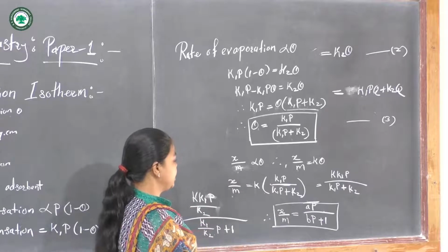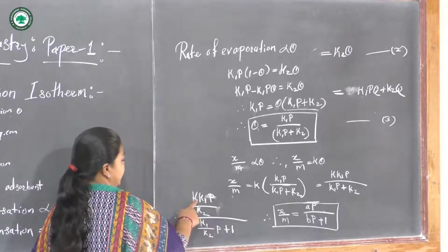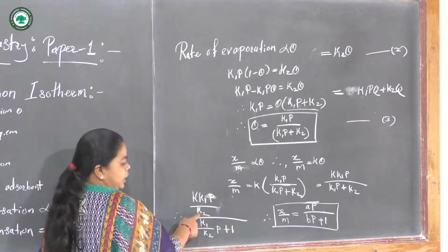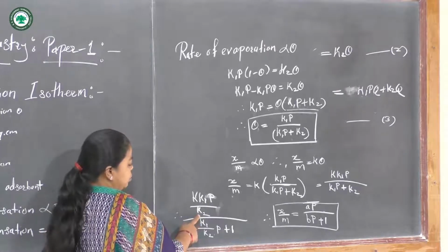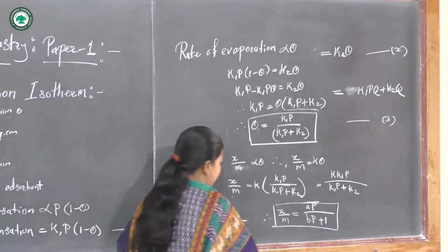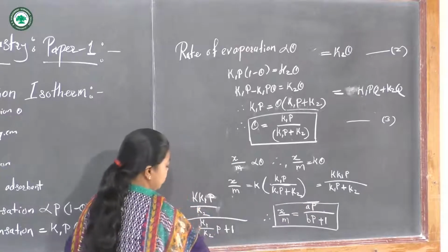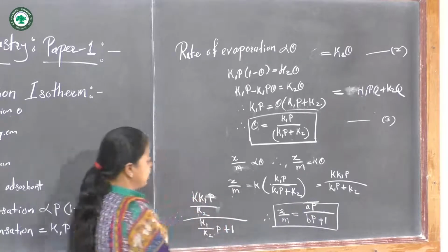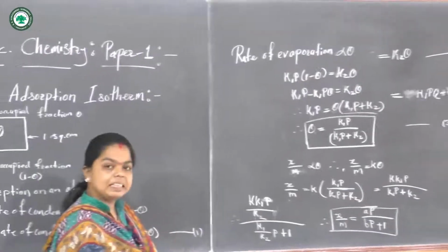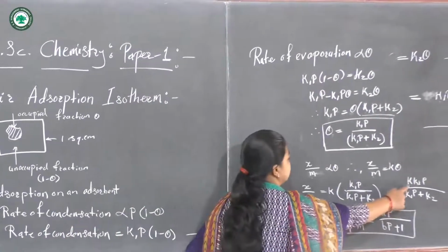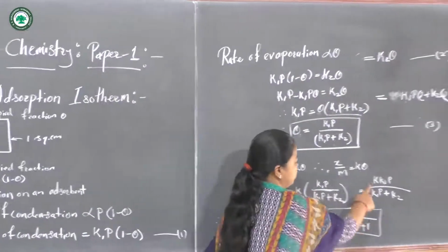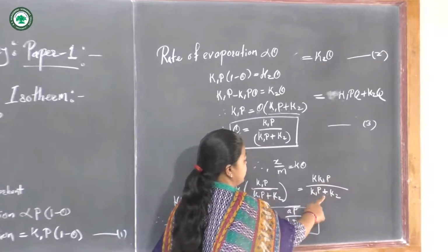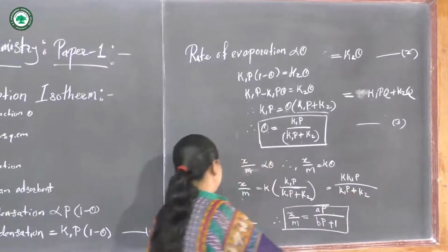We can write K K1P divided by K2. So we have taken K2 common and divided by it, that is, we have divided both sides by K2. We can divide it as K K1P divided by K2, and K1P plus K2 divided by K2.